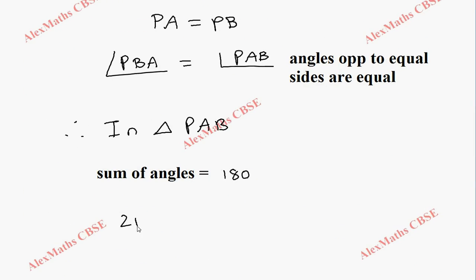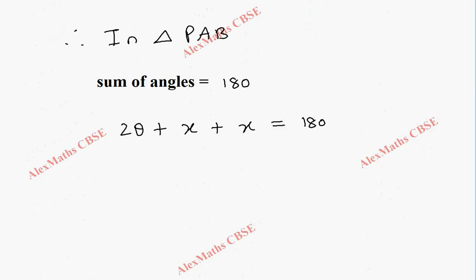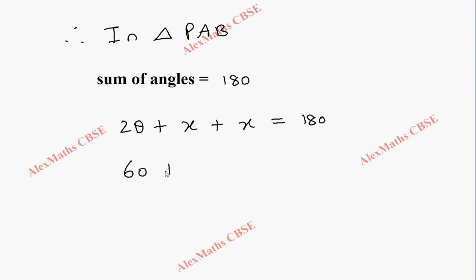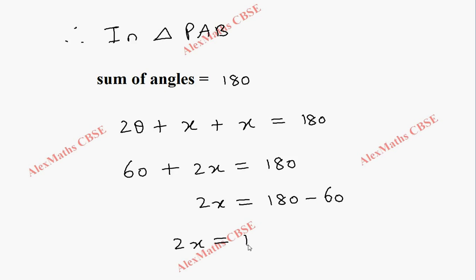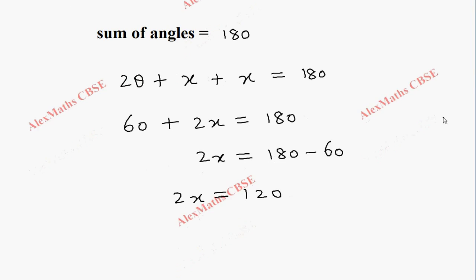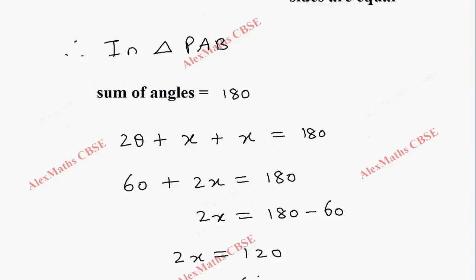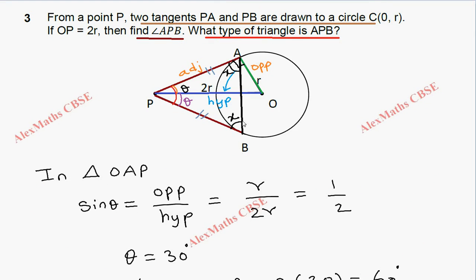So 2 theta plus 2x is 180. Already we found the value of theta is 30. So 2 theta is 60, plus 2x equals 180. So 2x equals 180 minus 60, which is 120. So 2x is 120 and after division x is 60. It means these two are 60.